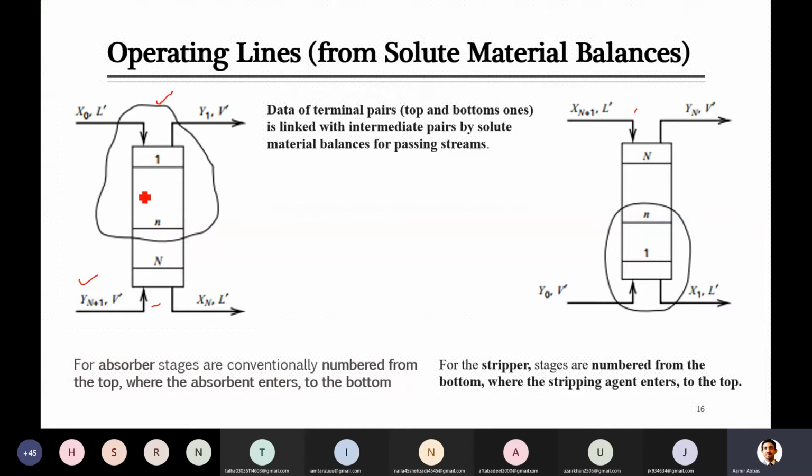For example, this is tray 1, there will be tray 2, tray 3. If we want to link the solute concentrations at any terminal, either top or bottom, with any fluid inside the column, we can link that with the help of a solute balance.